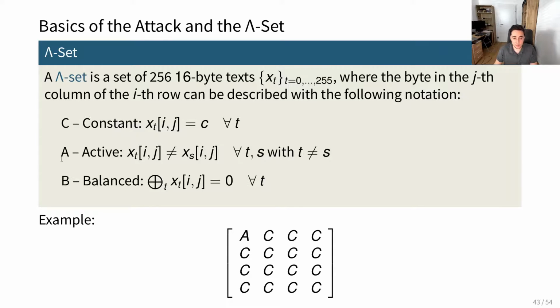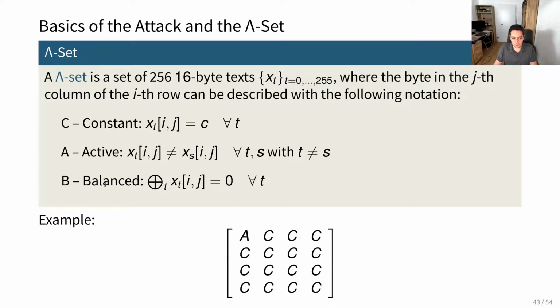Then we have the balanced notation, which can also define a byte. Balanced essentially only means that the sum over all of these plaintexts in this byte position is 0. When does this happen? It happens since we have characteristic 2 here, so if we XOR the same value to itself, we get 0.